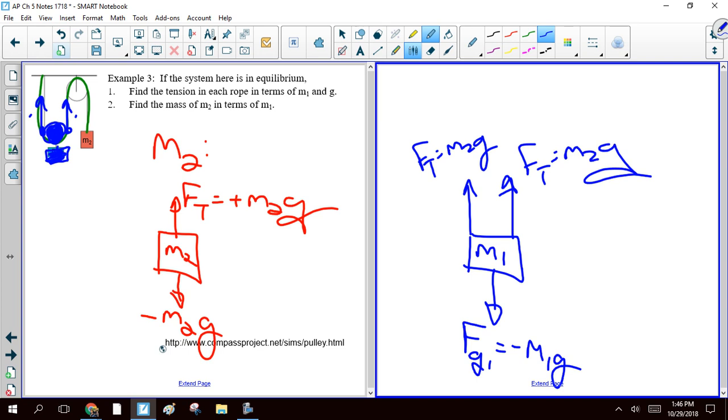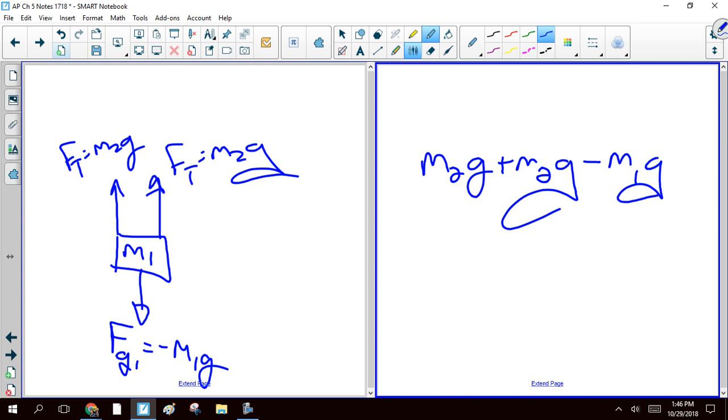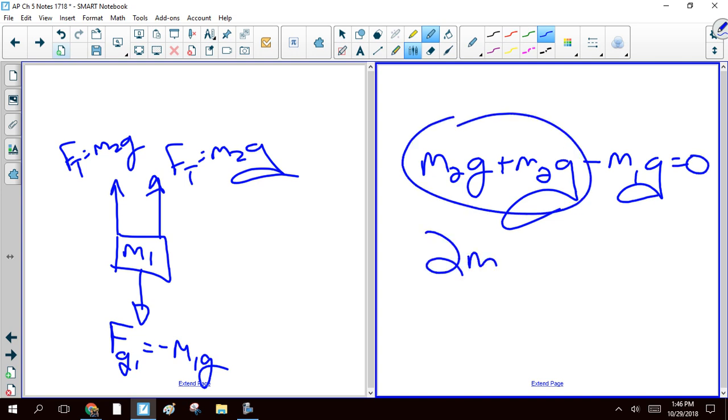And so now if my net force is 0, that means that M2G plus M2G minus M1G has to be 0. So we have 2 M2G equals M1G.